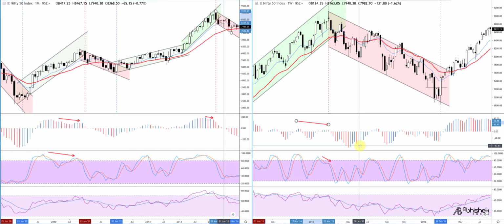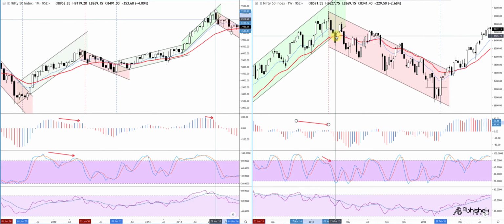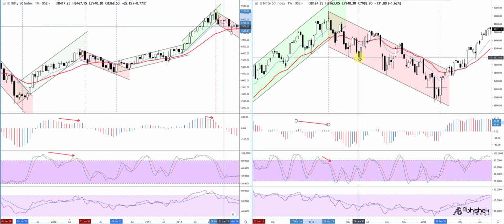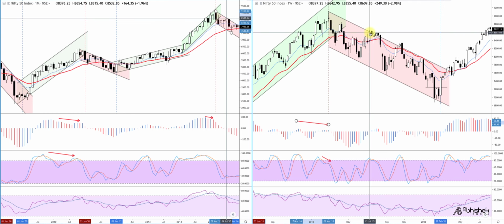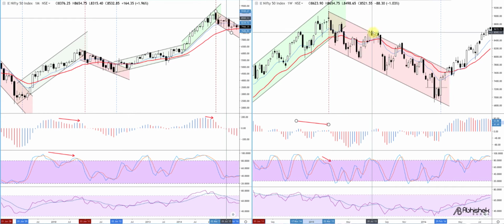Okay. We're still looking to go short because this channel is taken off. It's broken, right? But we have to wait for the opportunity. So this bullish divergence takes the prices higher for its first swing here.